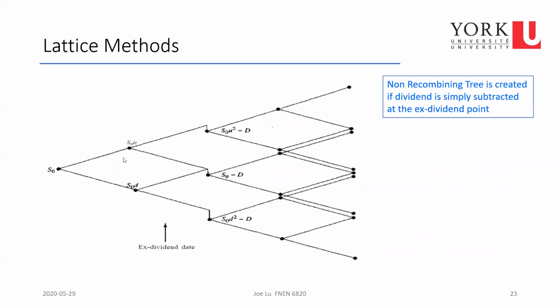So to see that, if we have S naught, the first step we have S naught times U, and this one is S naught times D. After that, the ex-dividend date is somewhere here.